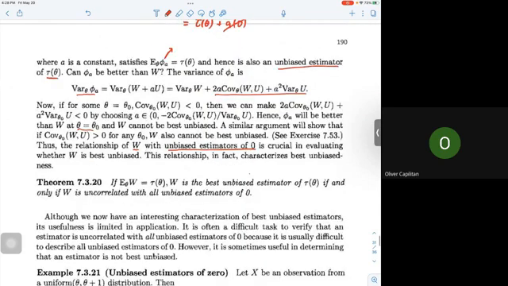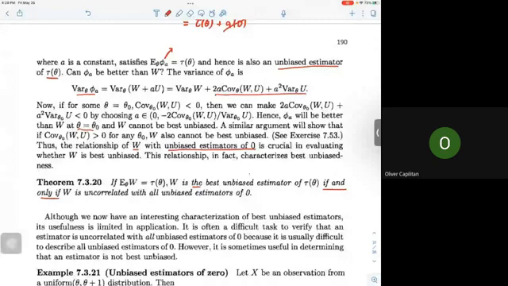So we have this theorem. If the mean of W is equal to tau of theta, that means W is an unbiased estimator, ito siya is the best, na siya, no? It is the best unbiased estimator of the function of the parameter tau of theta if and only if, so we have a biconditional statement here, W is uncorrelated with all unbiased estimators of 0.